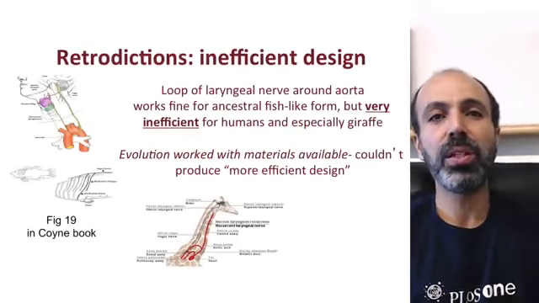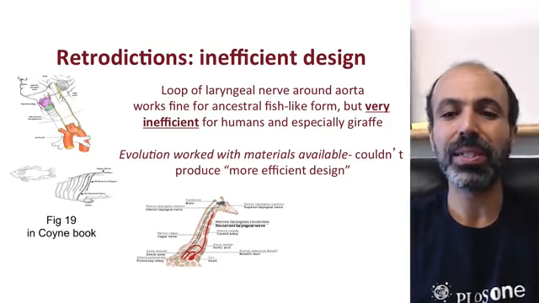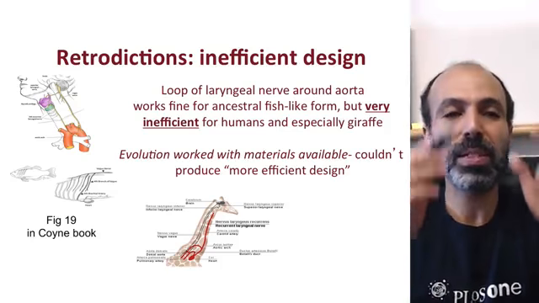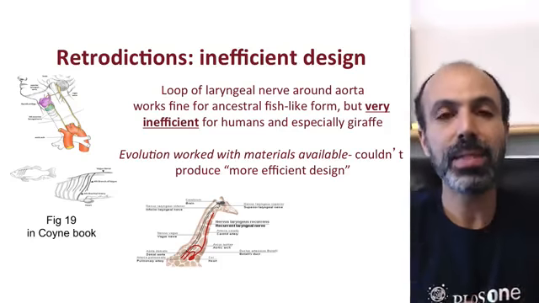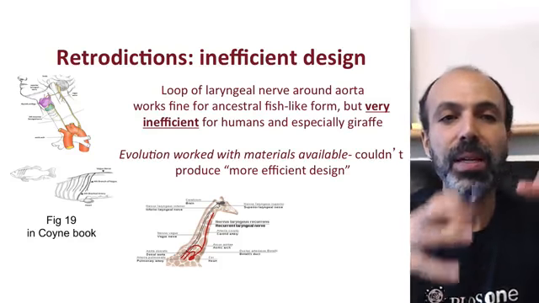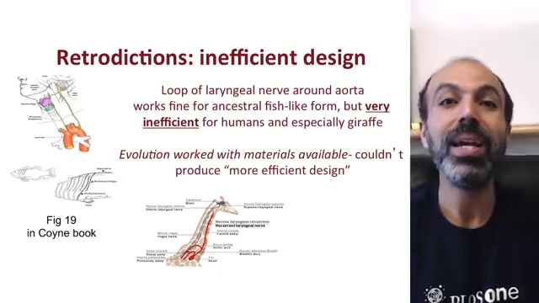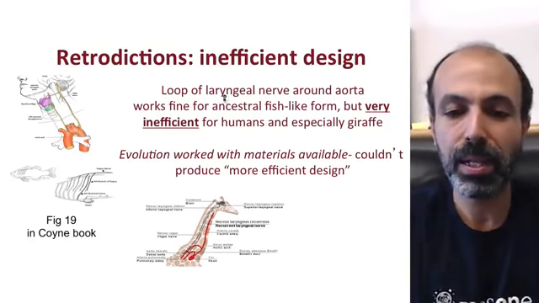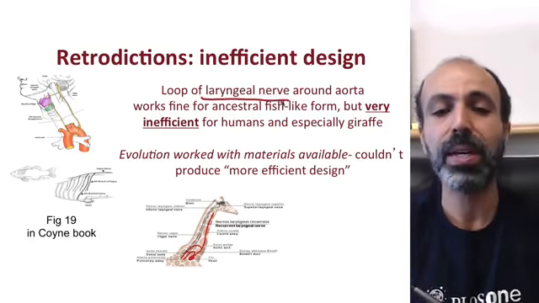The last retrodiction I'll mention, and I'll only talk about this one briefly, is that of inefficient design. That if an organism were to actually be designed from scratch, it wouldn't be designed the way it actually is. However, when you think of it in the context of being cobbled together over time from evolution, it does make a lot more sense. Now, one example that's often raised in this context is that of the laryngeal nerve that comes off the vagus nerve.